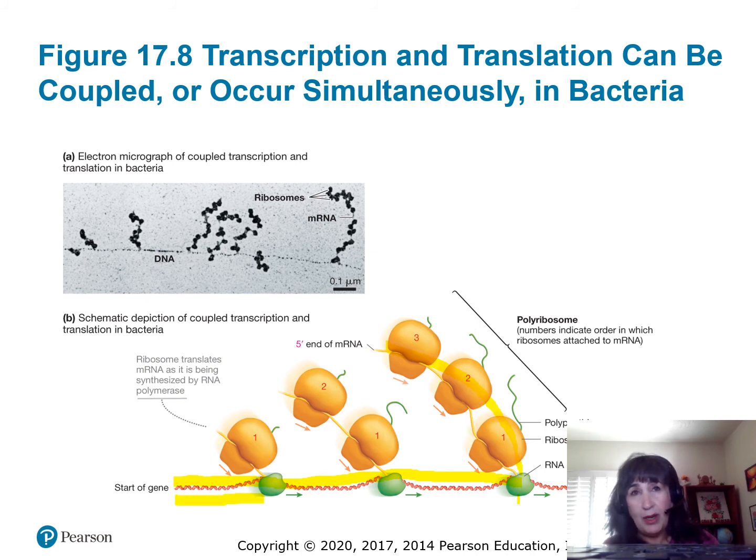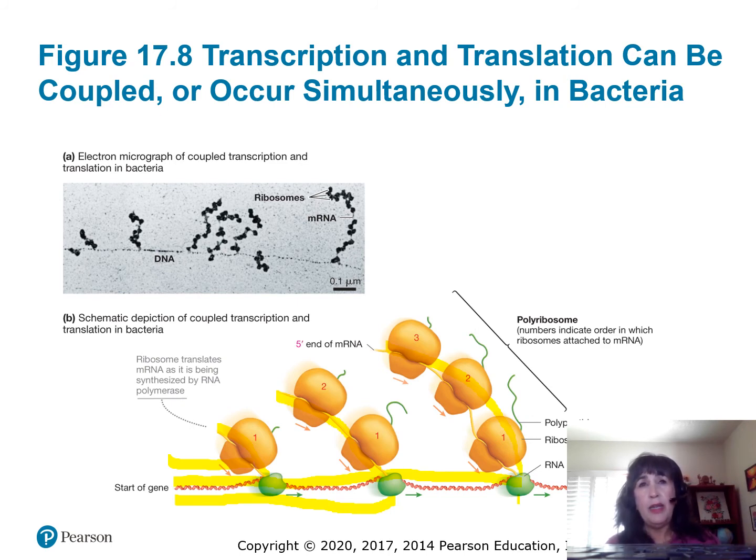RNA polymerase started at the beginning, and it only ends up here. And that's why this branch is of medium-sized length. And then this RNA polymerase started at the beginning, and it's only gone a short distance. And that's why this messenger RNA is very short. So remember, all of the RNA polymerases started at the very, very beginning.